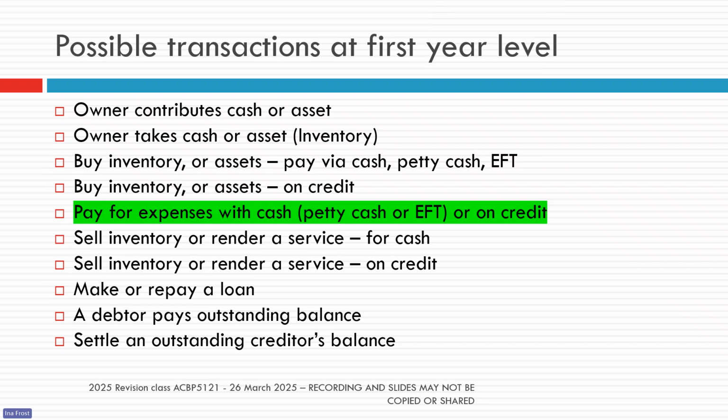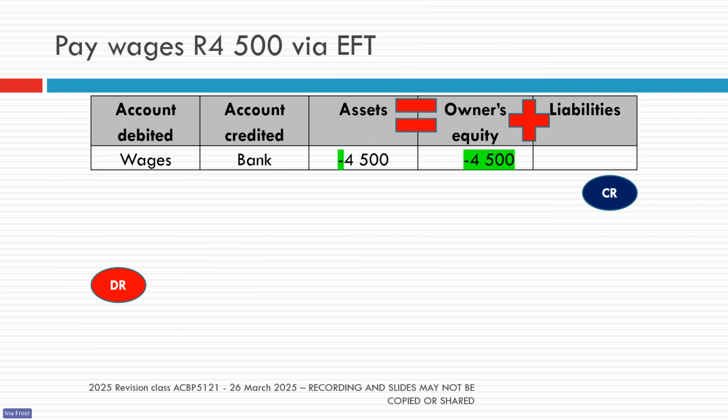Say we're buying something like stationery, we can buy it for cash using either our petty cash or our bank account. Or we can also buy packing materials or stationery on credit. So again, we're going to look at the two scenarios. Is it cash or is it credit?